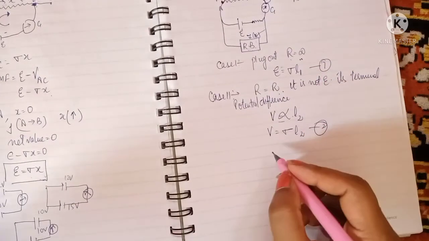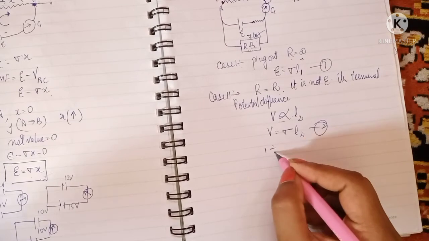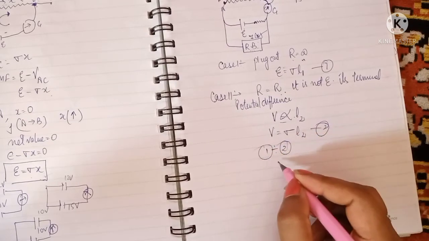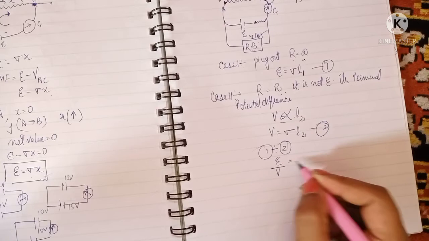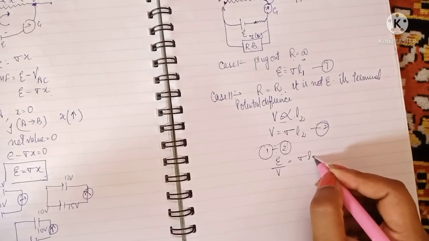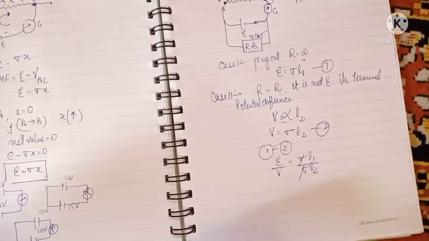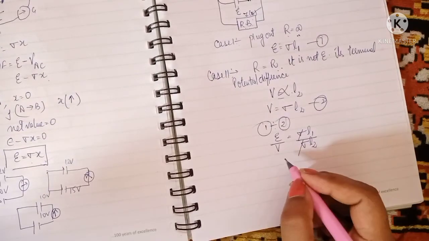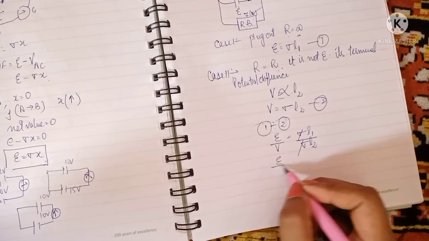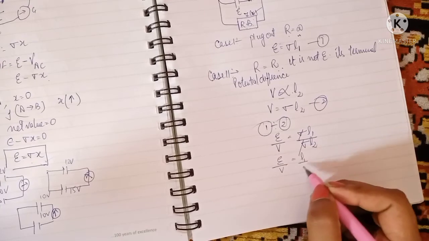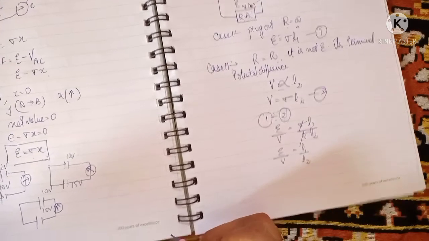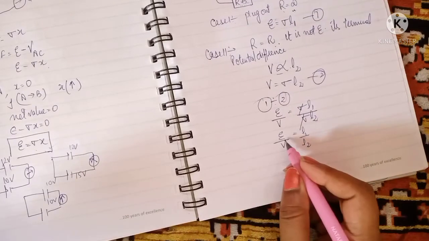Now we will calculate the ratio of first divided by second, that is E upon V, that is sigma L1 and sigma L2. Sigma and sigma are going to cancel, and E upon V will be equal to L1 upon L2, right? Now what is the value of E in terms of the current?